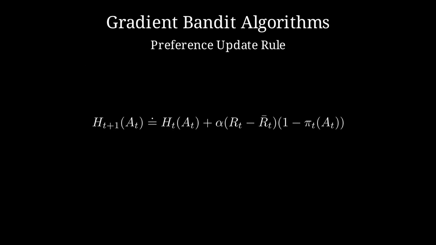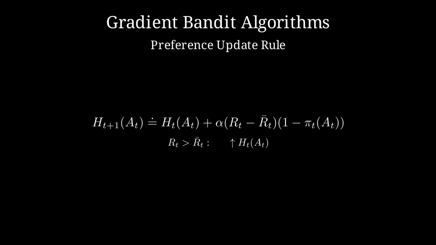After selecting an action and receiving a reward, the preference for that action is updated using the following formula. An action's preference is updated by taking the old preference plus alpha times the reward received minus a baseline multiplied by 1 minus that action's probability. In this formula, alpha is the step size and r bar sub t is a baseline representing the average reward up to time t.